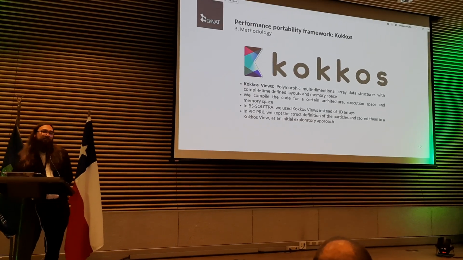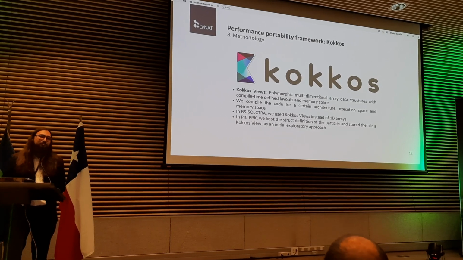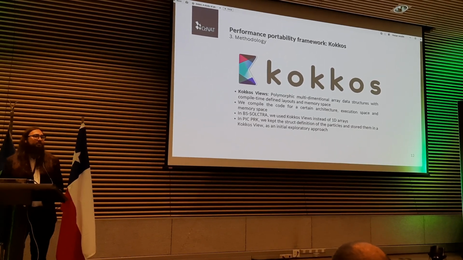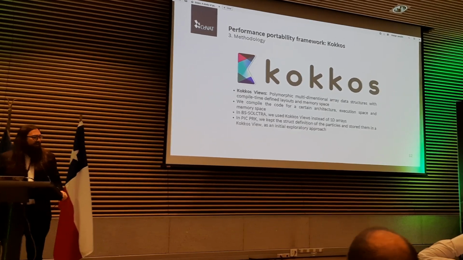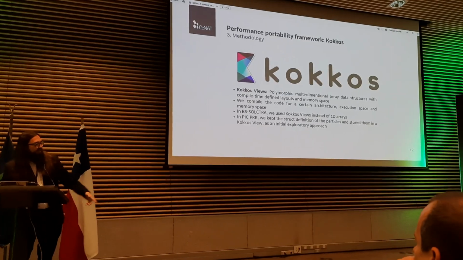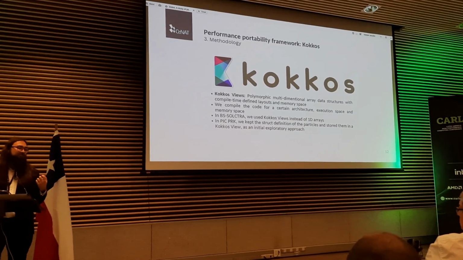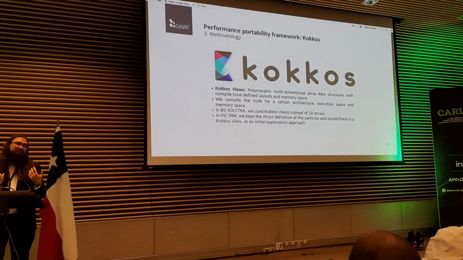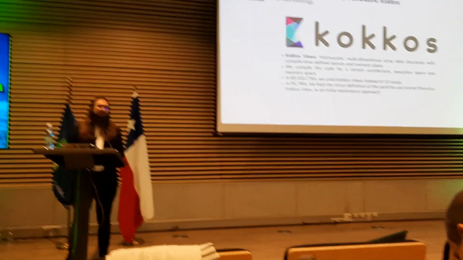Now, to develop our new code variants, we decided to use Kokkos because in the literature it had proved to obtain some of the best performance portability results on some of the widest varieties of hardware. And Kokkos offers something which is very valuable, which is the Kokkos views, which are an abstraction of the data structures we want to use, which basically lets us define an execution and a memory space at compile time.